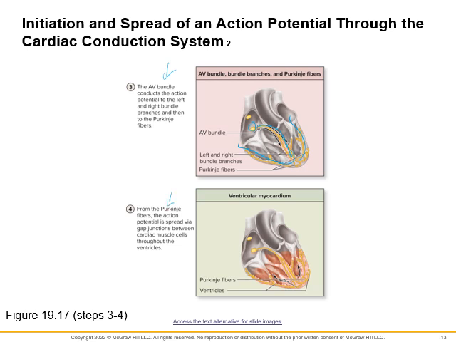So the Purkinje fibers, the action potential is going to spread via gap junctions between the cardiac muscle cells throughout the ventricles. So the action potential that was generated in the SA node, AV node, traveled down the bundles, traveled around the ventricles, Purkinje fibers, is now talking to all of the cardiac muscle cells in the ventricles and telling them to fire.